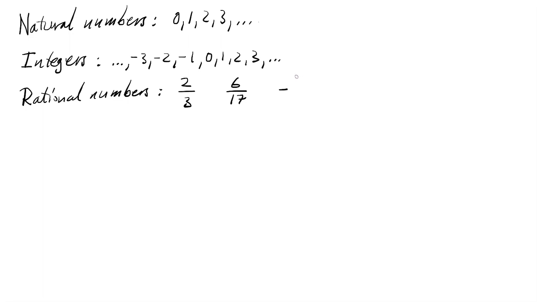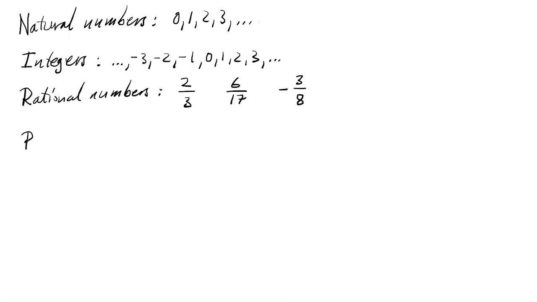So you have -3/8. So they are all numbers that can be written as a fraction. They have a whole number, or integer, up and down. And we can also have a minus sign. So all rational numbers have an integer divided by an integer, written as a fraction.